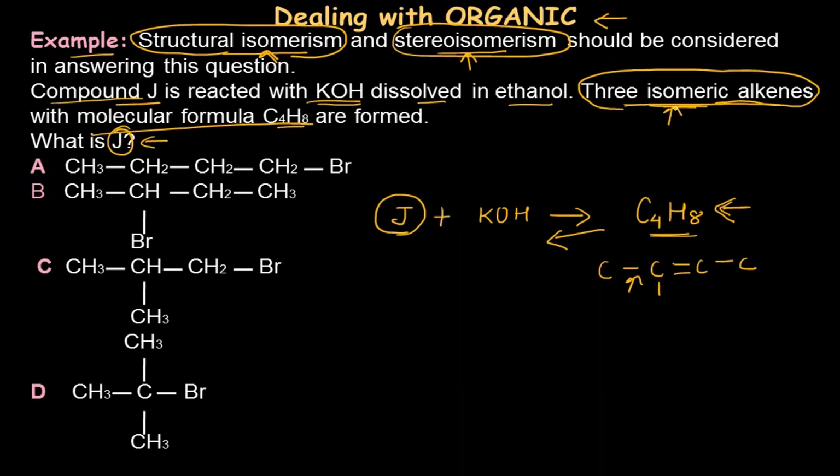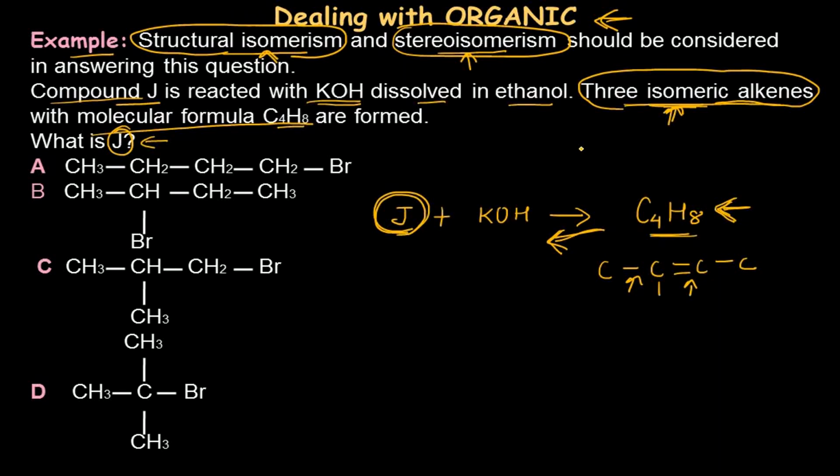So you work out the 3 isomers of alkenes, and in the reverse way for all these 3 you can find out one common structure of J. I'm not working out the structure here because it's going to be very, very long, but I hope you would have understood my key point that when we are dealing with the organic question, we definitely need to work out the structures of the compounds which are asked in the question.